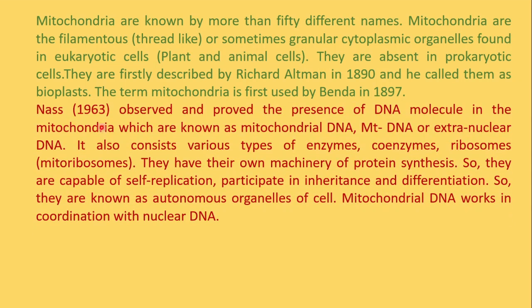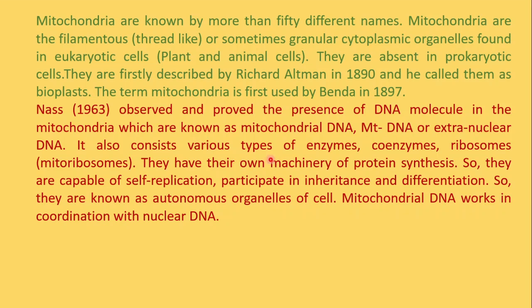Then in 1963, the scientist Nass observed and proved that mitochondria contain a special type of DNA molecule, known as mitochondrial DNA, or mtDNA. It is also known as extranuclear DNA because it is other than the nuclear DNA.